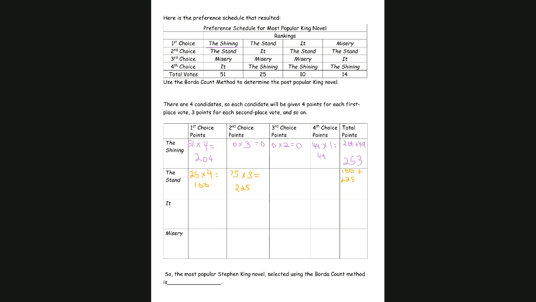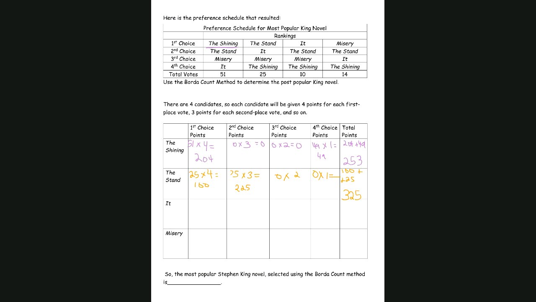The Stand was not listed in third choice ever, and it was not listed in fourth choice. So both of these are 0. So 0 times 2 and 0 times 1. So 100 plus 225 is 325. So The Stand gets 325 points.